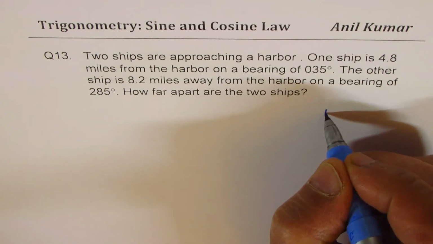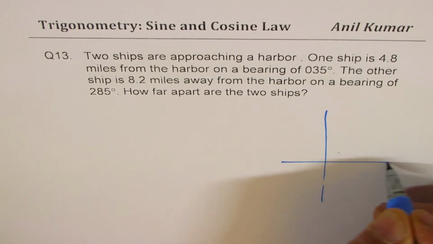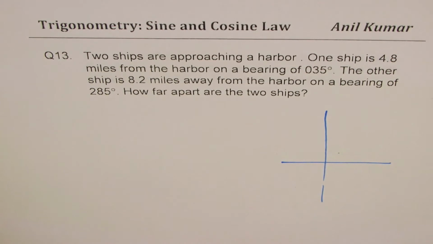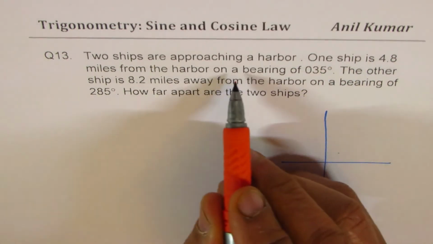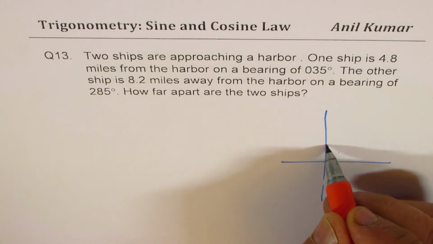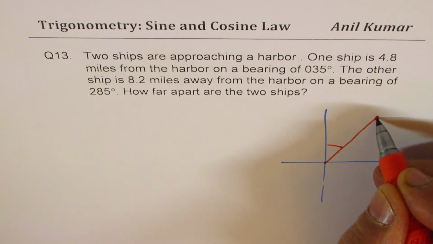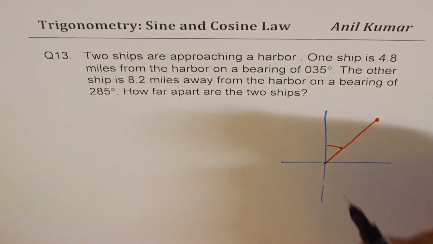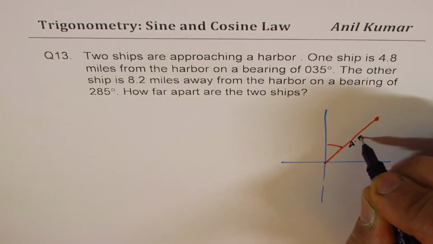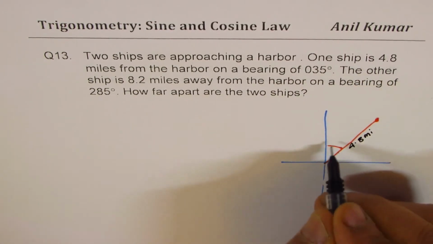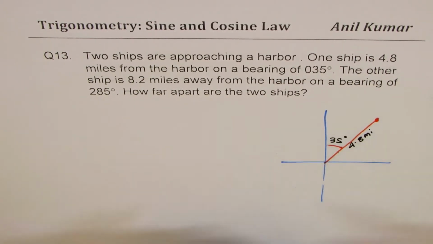So let's sketch. Whenever we are talking about bearing angles, we are measuring from north. The first one is on the bearing of 35 degrees, that is 35 degrees from north, somewhere here. So this is 4.8 miles and the angle here is 35 degrees.